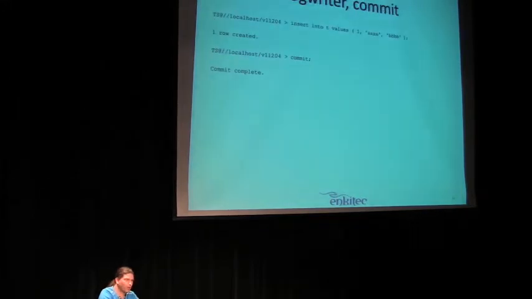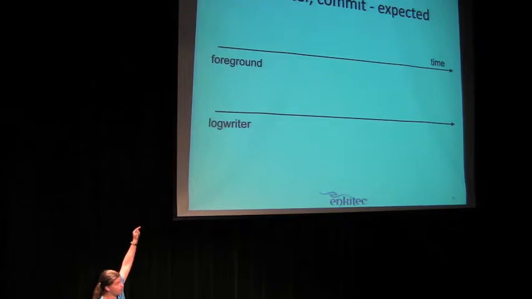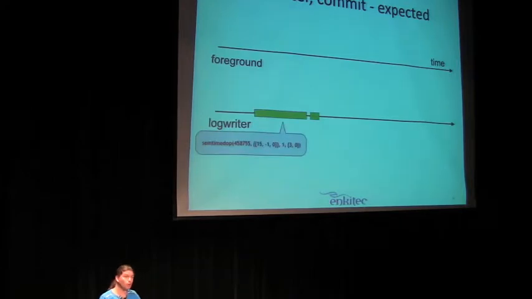Well, when I started this investigation, what I thought would happen is, and the upper line is my foreground process, the lower line is the logwriter. What I thought would happen is the logwriter is sleeping on the semaphore timed operation.